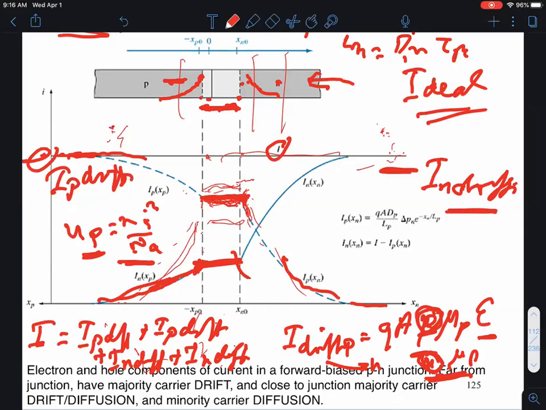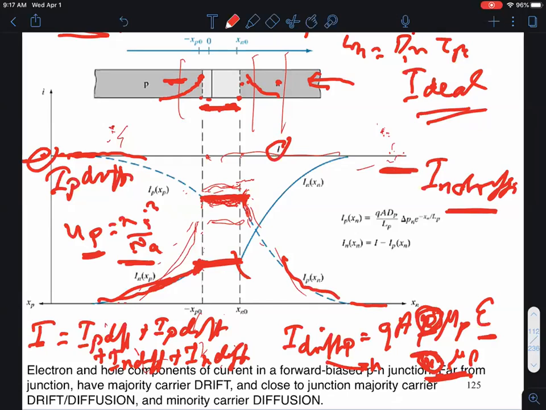Now let's turn to this edge. Over here, conversely, it's mostly electron diffusion current. And like I said, once again, that's approximately the total electron current, okay?